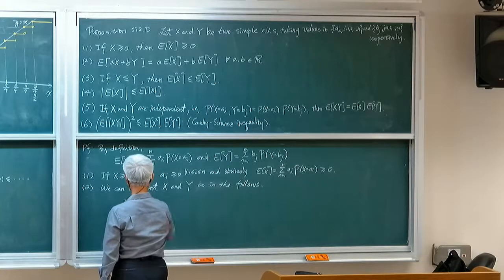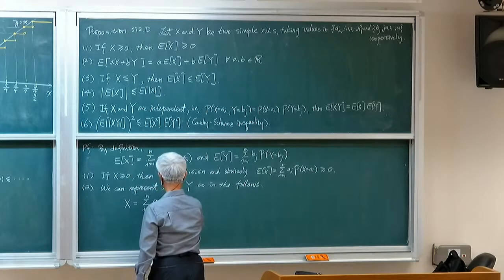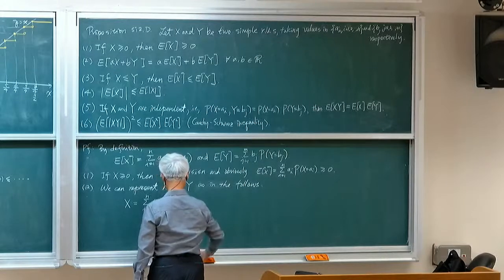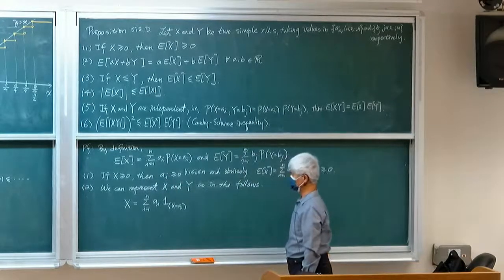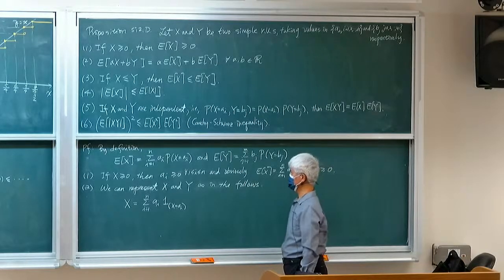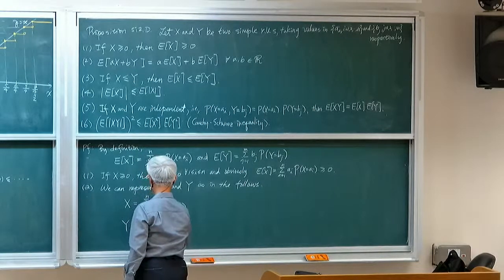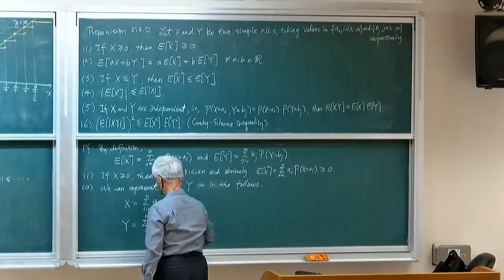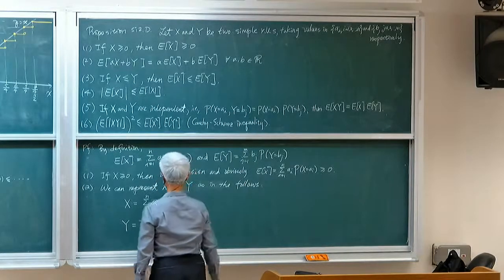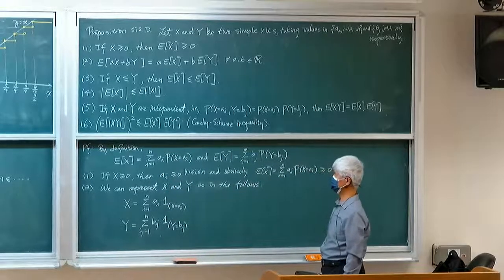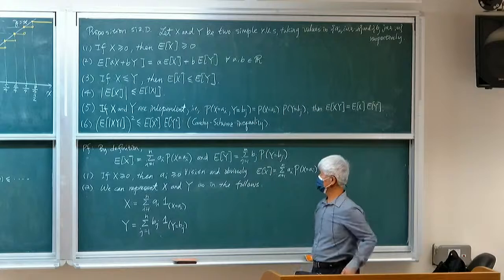X is actually the summation over i from 1 to n of ai times the indicator of the event X equals ai, and Y can be represented as the summation over j of bj times the indicator of Y equals bj.